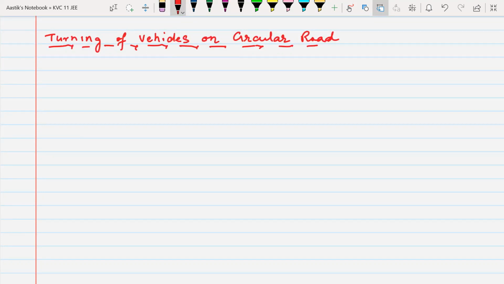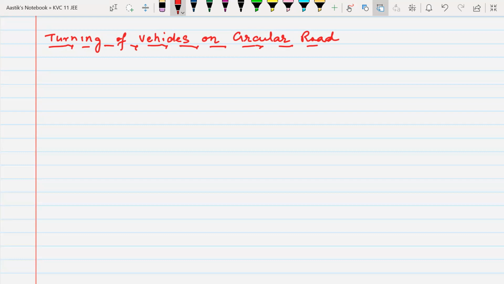How are you going to turn a vehicle on a circular road? If a vehicle has to turn, how will the vehicle turn on a road? What will make it turn on a road? How can you make a vehicle turn on a road?